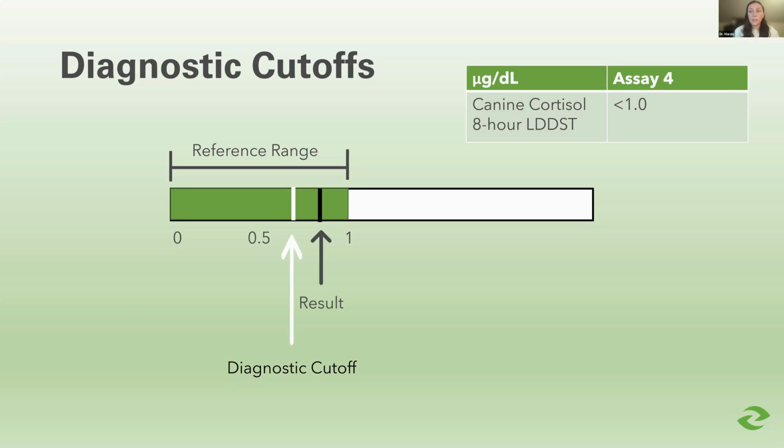We're going to talk about these things more specifically moving forward, but it's important to introduce the concept because a lot of people get very confused when we talk about tests of cortisol. Remember, when it comes to interpreting the results of tests of cortisol relative to whether the patient has Cushing's, reference ranges actually mean very little. What we really care about are the diagnostic cutoffs.